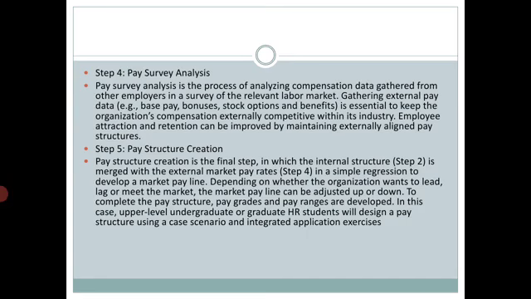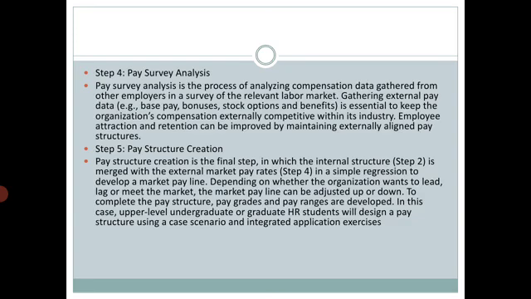So here, to attract the employee, this analysis and survey in the relevant labor market is done, through which the data related to pay, that is basic pay, bonuses, stock options, and other benefits, is gathered essentially to keep the organization's compensation externally competitive within its industry.